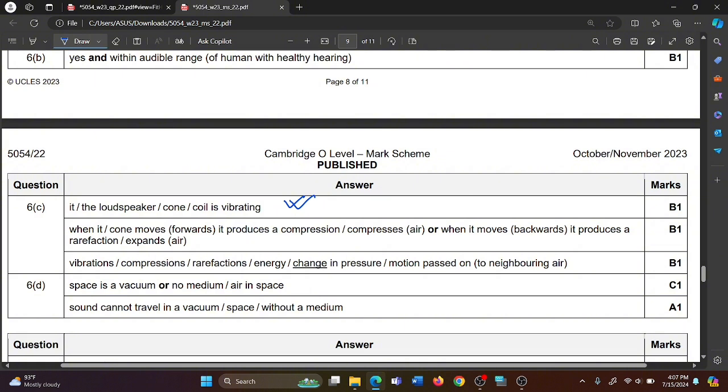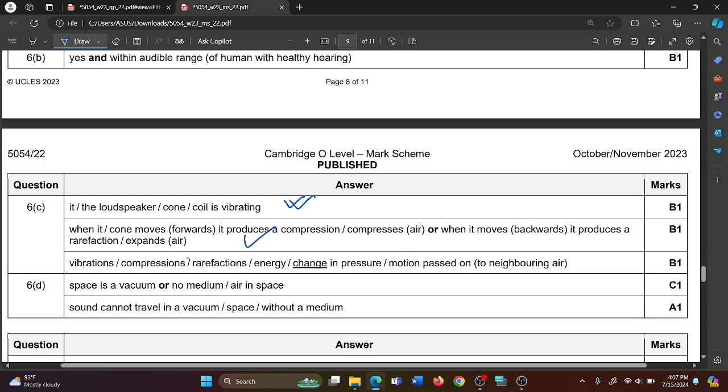So we did write regions of rarefaction and compression. As the backwards and forwards are in brackets, we don't need to write when we get a rarefaction or compression, because the reasons are in brackets. Thus this is not mandatory. We just wrote compressions and rarefaction, thus we got this mark as well.